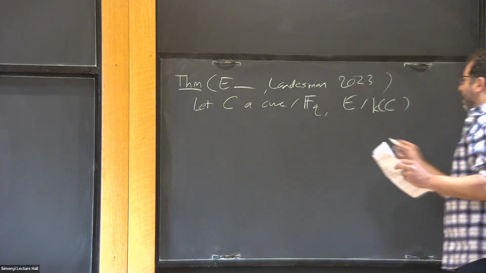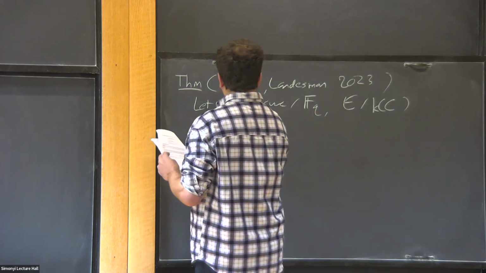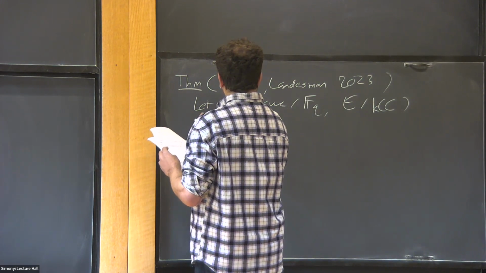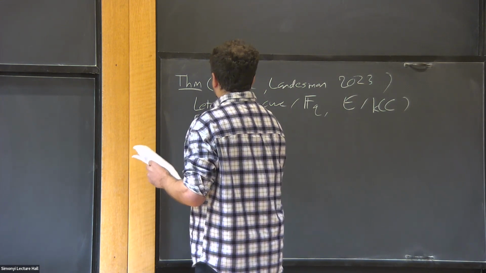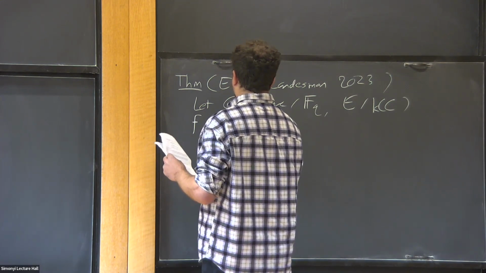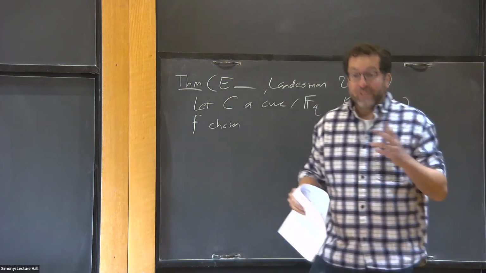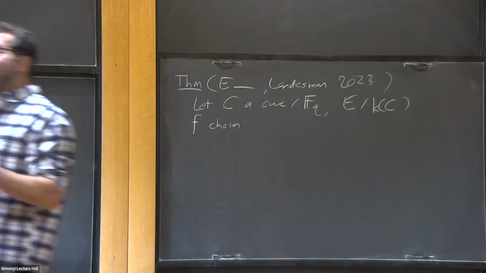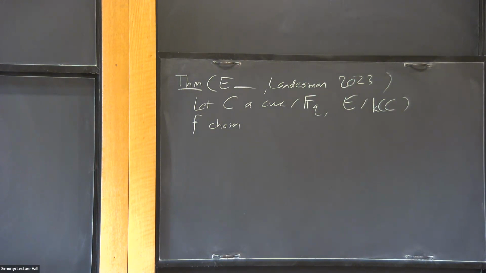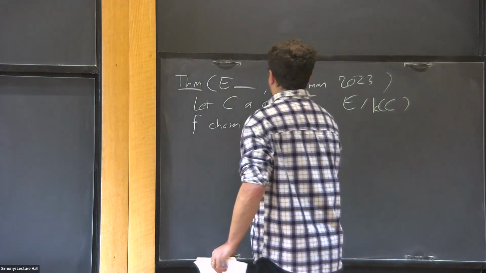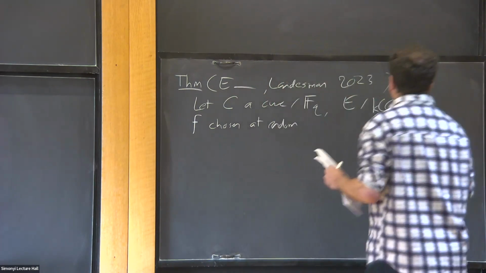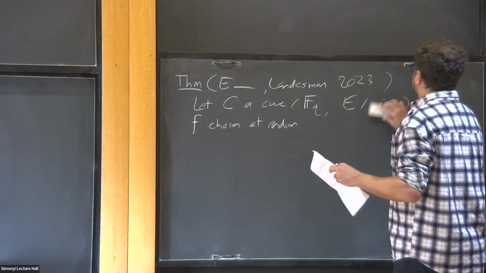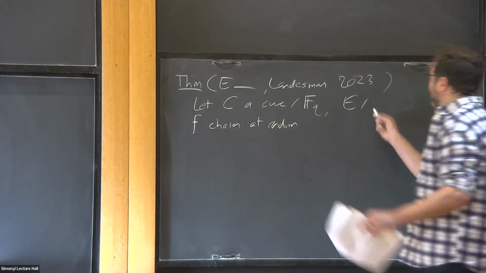And let's let, all right, what's my notation be here? So F, because after all, if I'm going to state a theorem, I actually do have to tell you something about what I mean by a random elliptic curve, like which one I'm picking. So F chosen at random. Actually, maybe I'm going to make my life a little bit simpler to state by taking this to be a rational function field.